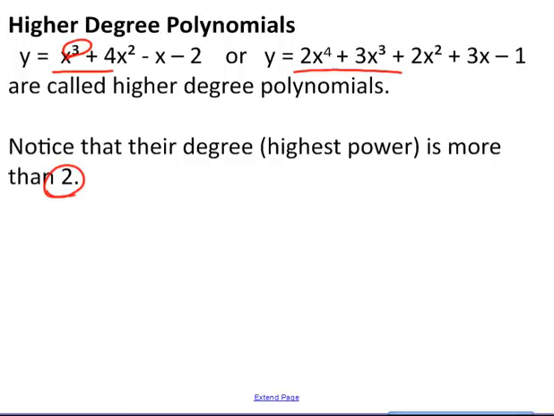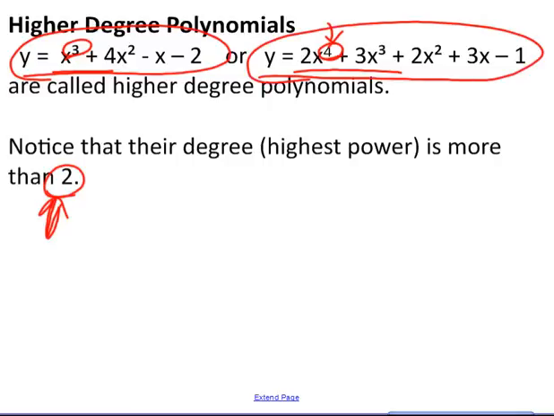Again, notice that the highest power, which in this case is 4, is larger than 2. So we call these higher degree polynomials. By the way, the degree is the highest power of x. So this polynomial right here we would say has degree 3, and this one we would say has degree 4 because of the 4.